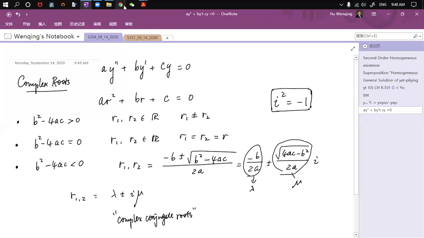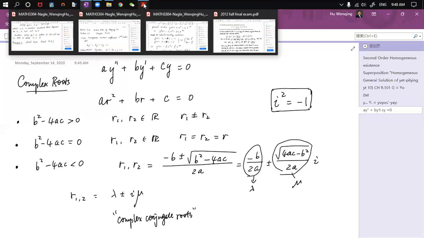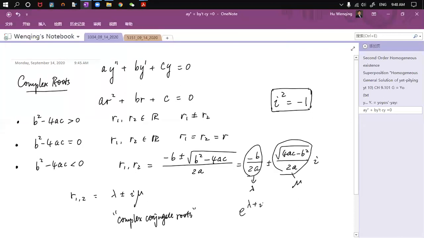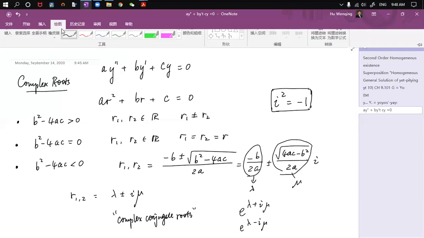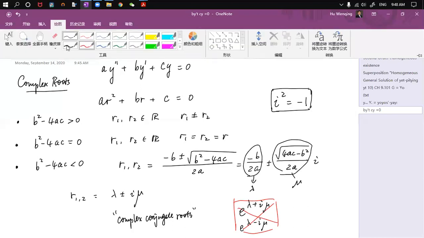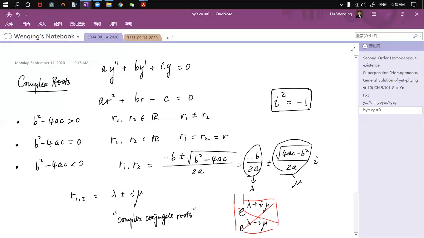Now, as long as you have the complex conjugate roots, how are you going to find solutions? Are you going to just say e to the power lambda plus i times mu and e to the power lambda minus i times mu? Well, that's going to be sophisticated, because you really don't know how to raise an exponential to a complex power.